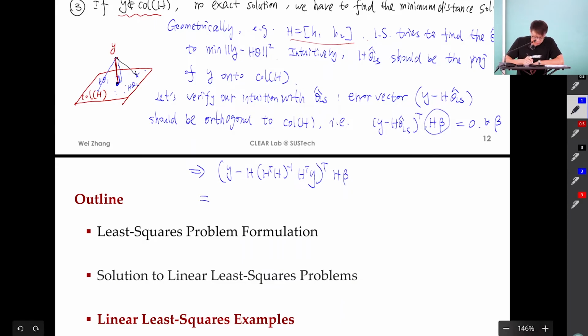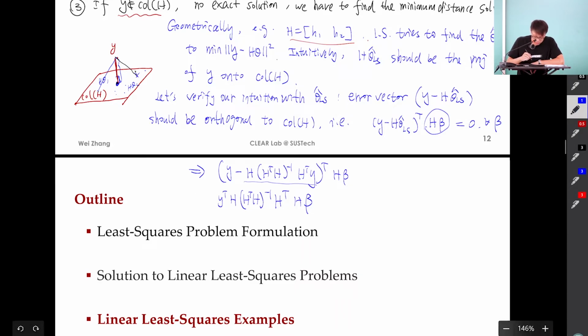Okay, so let's multiply this out. If you take the transpose, if you start from the end, y transpose H transpose H inverse is symmetric. If you take the inverse, it's also symmetric, so this is the same thing, the inverse and H transpose times H beta.